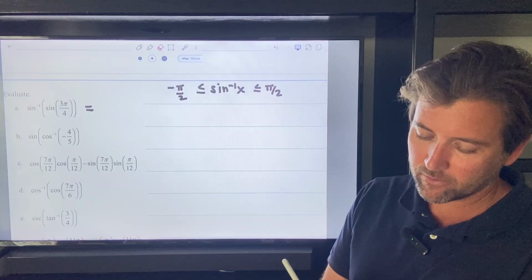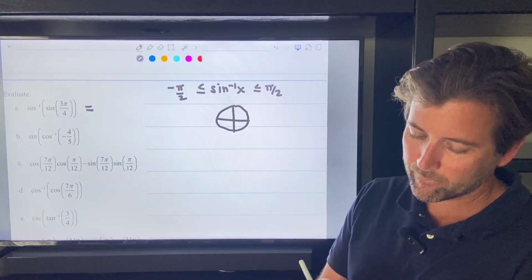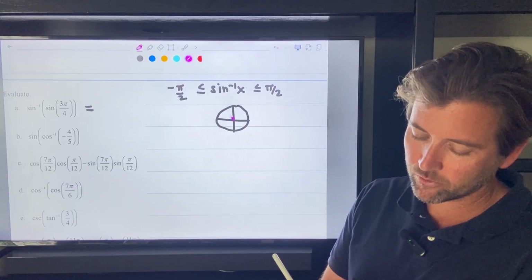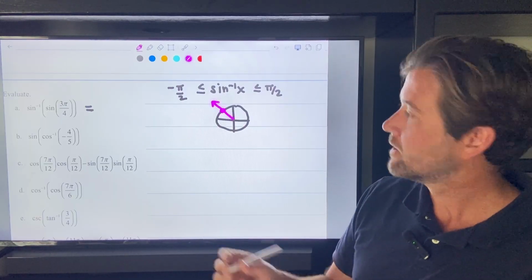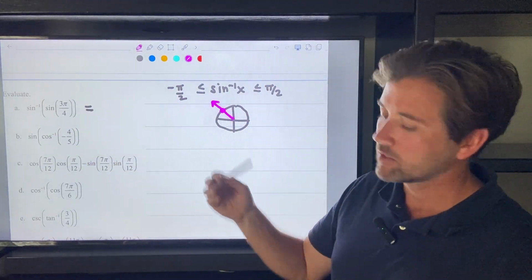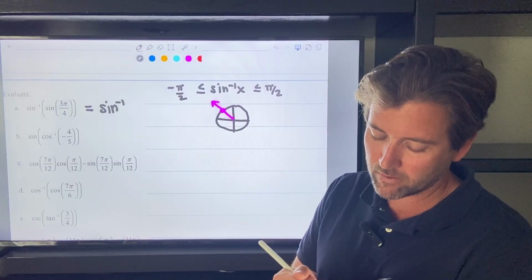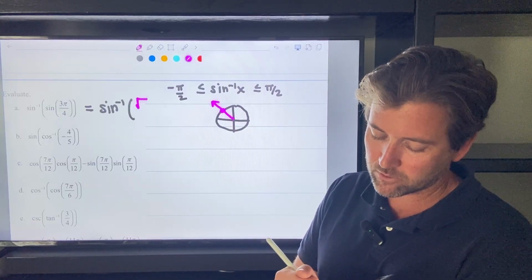So let's look at the angle 3 pi over 4. Here's the angle 3 pi over 4. This y-coordinate, this is sine, so I'm looking at this y-coordinate here, is rad 2 over 2. So if you wanted to, you could write this as arc sine of rad 2 over 2.